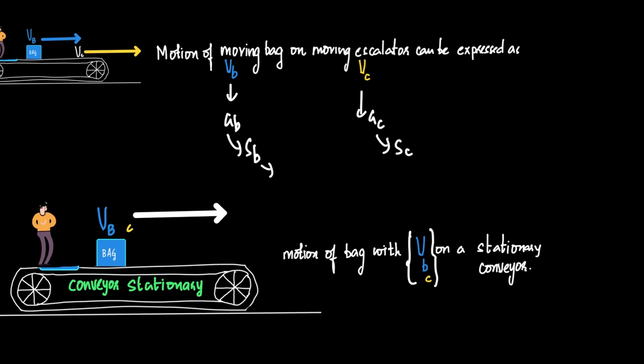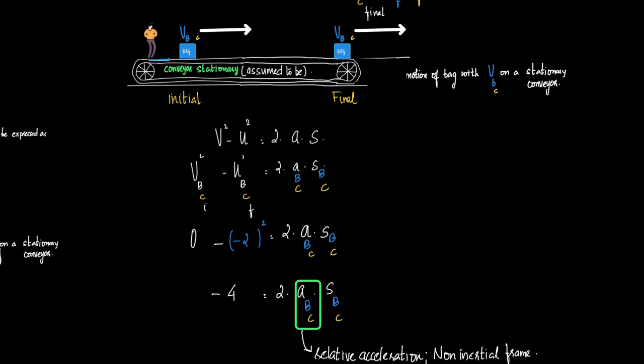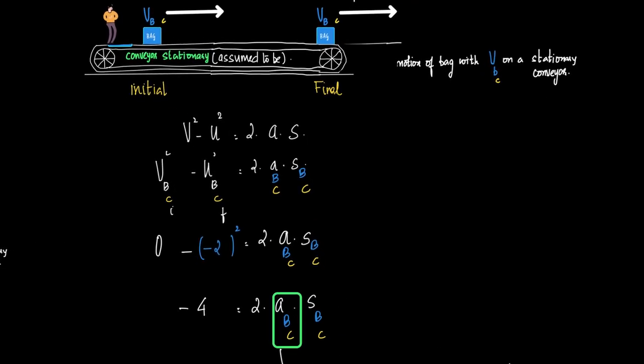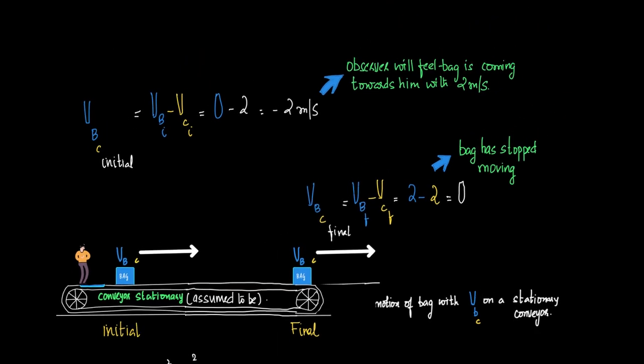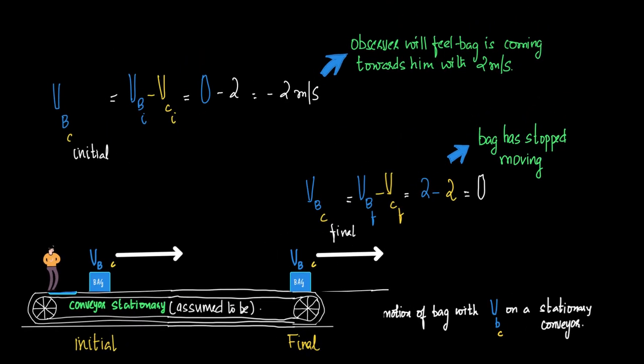Now let's see what happens in this case very specifically with respect to relative velocity. See, when we say we have a relative motion under consideration, the conveyor belt is assumed to be stationary, which is not actually stationary. It is apparently stationary. Why? Because the man is also standing on the conveyor. Now the bag is moving with what velocity?